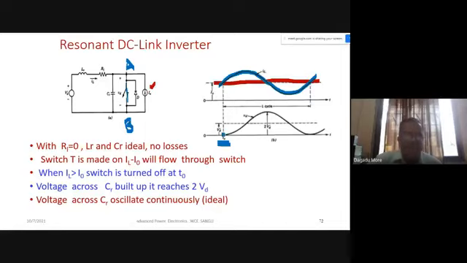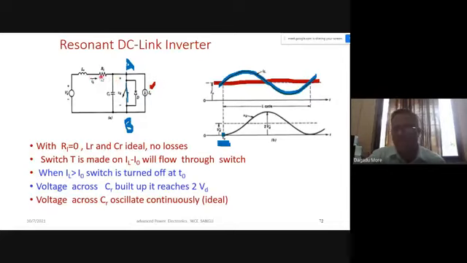We are at 0. Now we have seen that I0 remains the same, but because of shorting, that is turning on of the switch, our IL will increase.